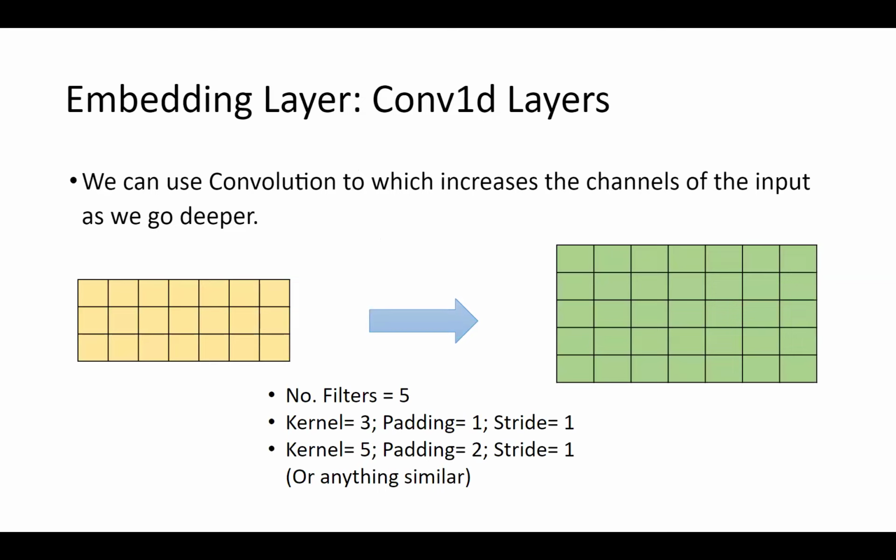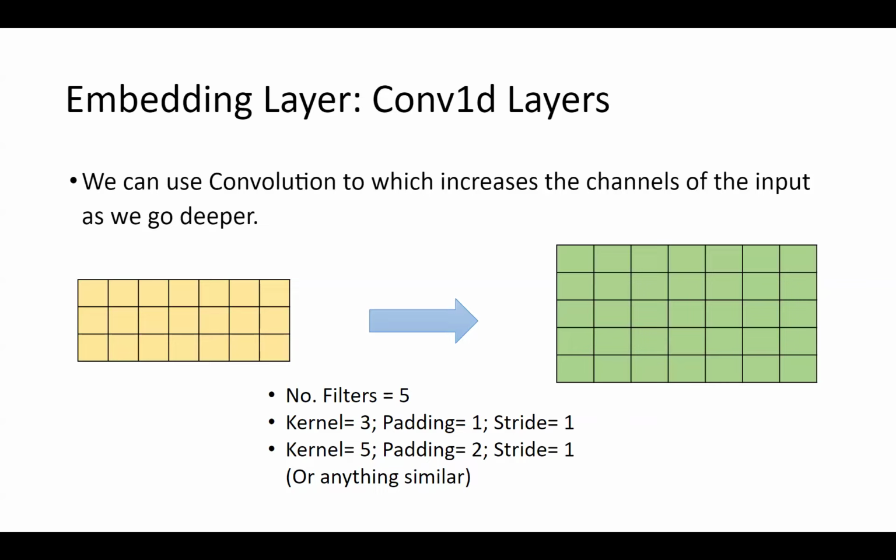Generally what people do is opt for a stride of 1 along with some padding so that it is ensured that the length of the sequence is the same in the embedding layer. In this way, only the number of channels or features increases while the time dimension remains the same. However, the implementation choice is completely up to you.